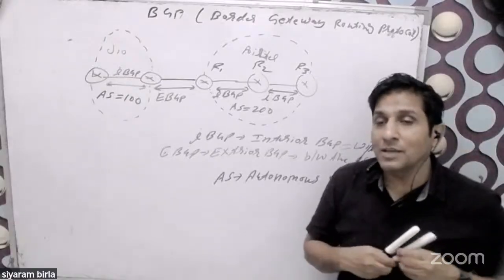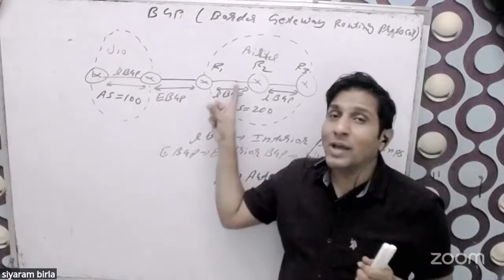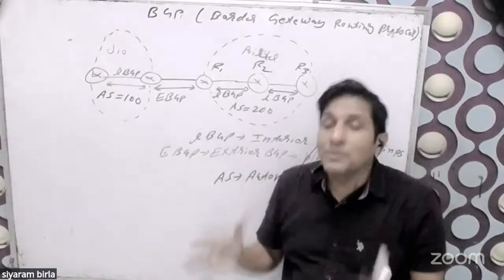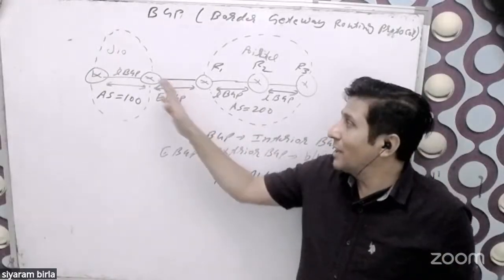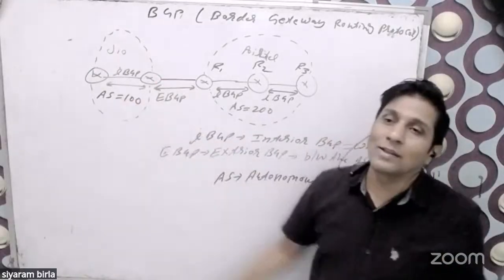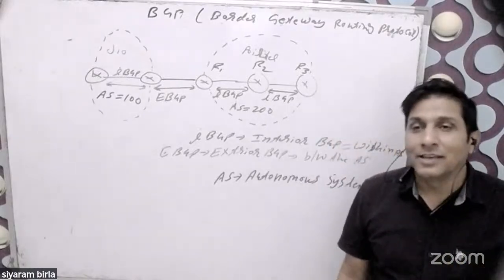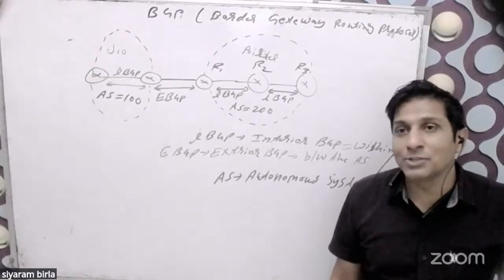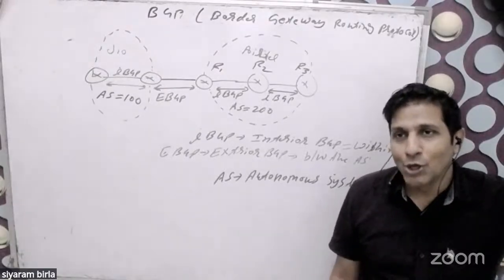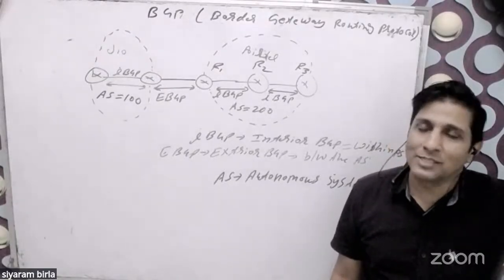If BGP is running between two ASes, that is called eBGP. If BGP is running within the AS, that is called IBGP. So there are two types of BGP, eBGP and IBGP.